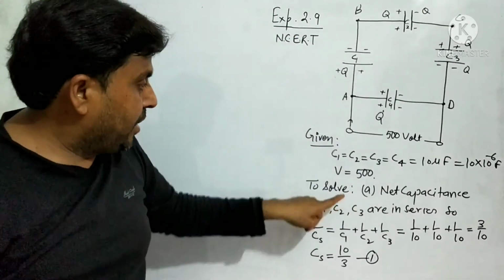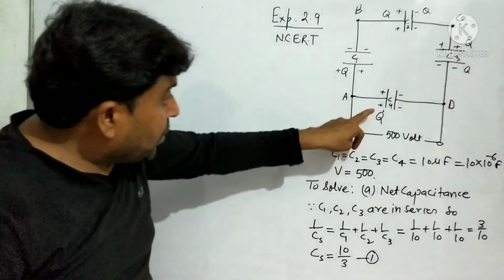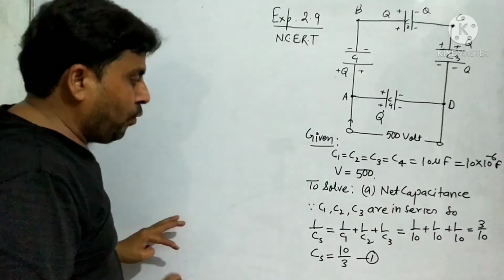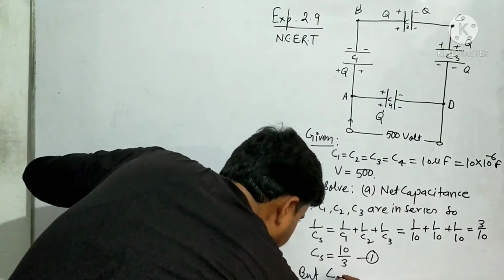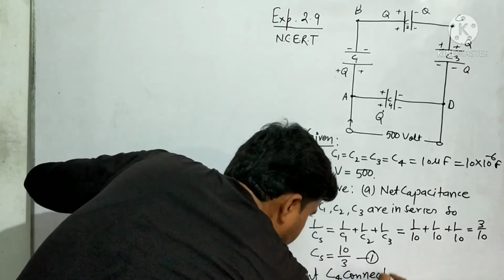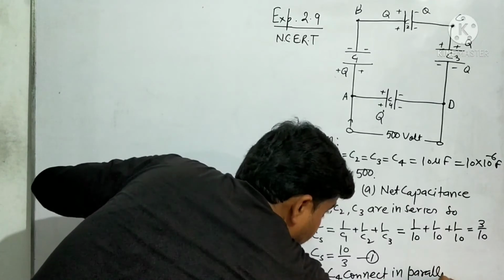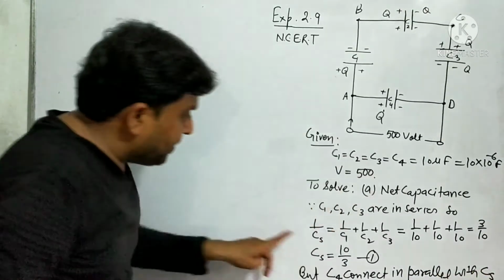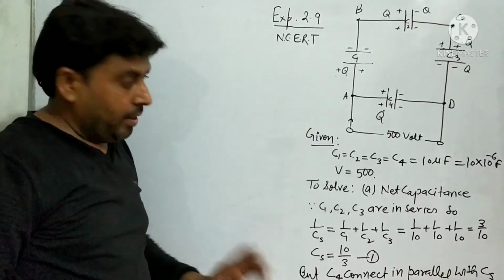He is asking the net capacitance of the full circuit. But C4 is connected in parallel with these 3. So now we have to write it here. The capacitor C4 is connected in parallel with Cs, Cs meaning the net series combination of all these three.